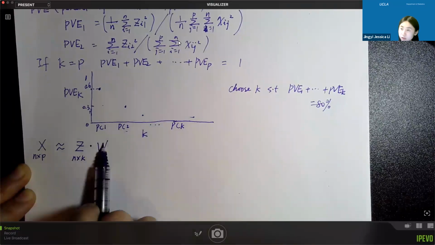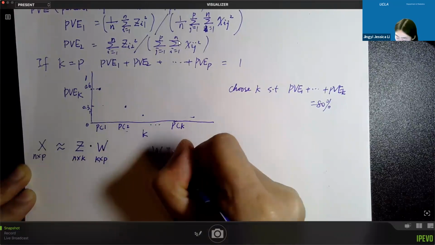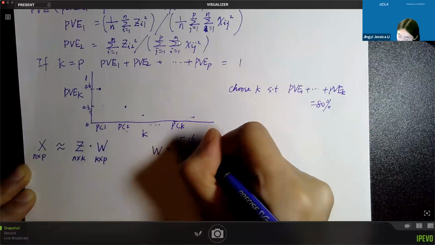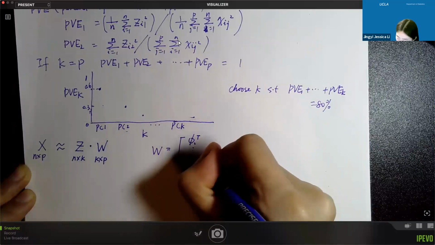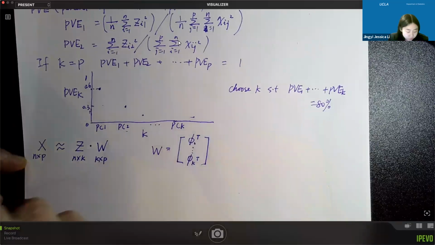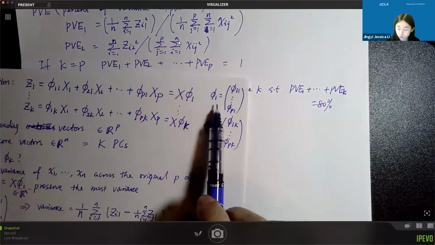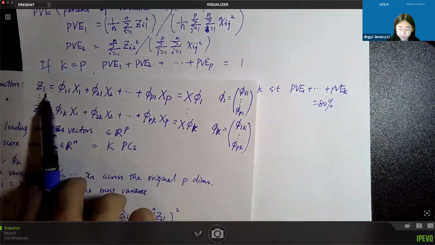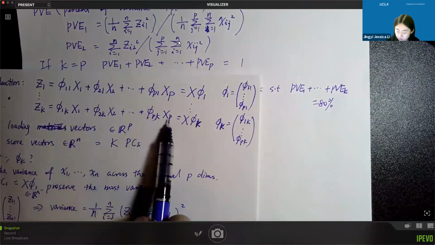It has K rows, and the K rows are actually what we have as the loading. So we'll have phi 1 transpose to phi k transpose. If you don't recall what phi is, phi 1 contains the weights of x1 to xp for the new dimension 1, and phi k contains the weights of x1 to xp for the new dimension k.